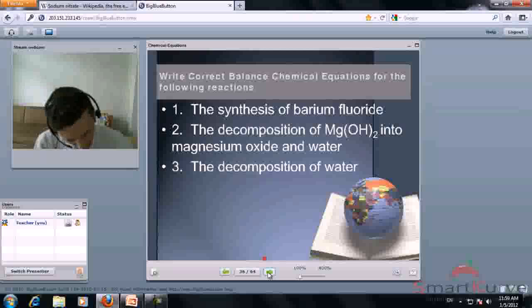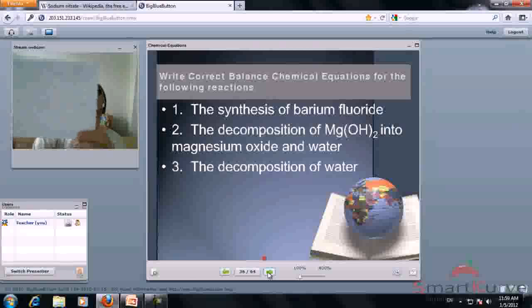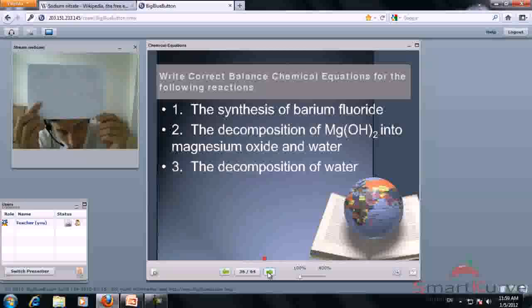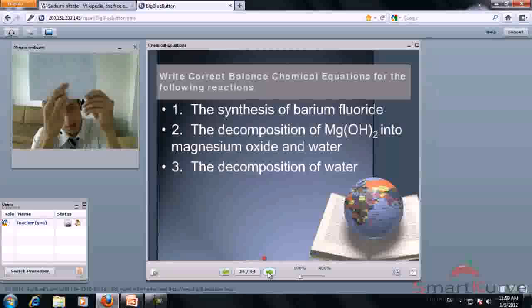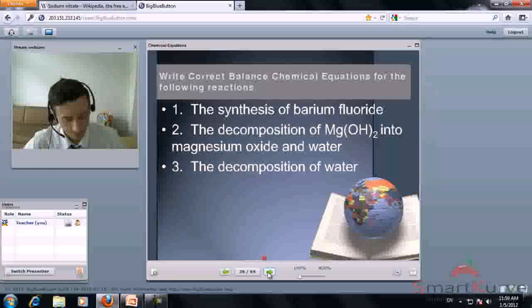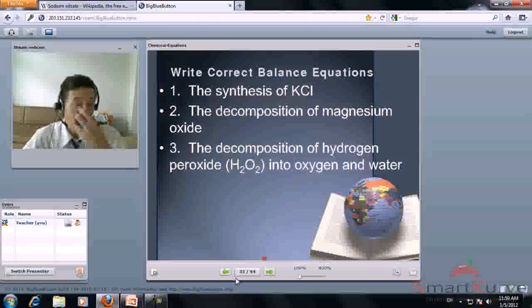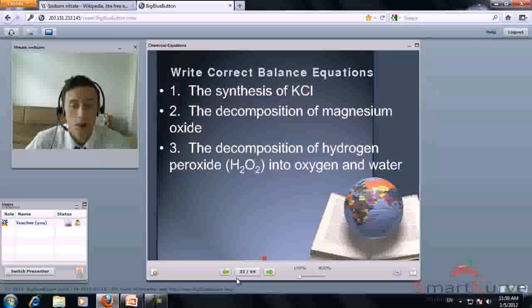We have to add another coefficient. Now everything's balanced. 2 atoms of potassium, 2 atoms of chlorine, 2 atoms of each. Alright, and that's the synthesis of potassium chloride.